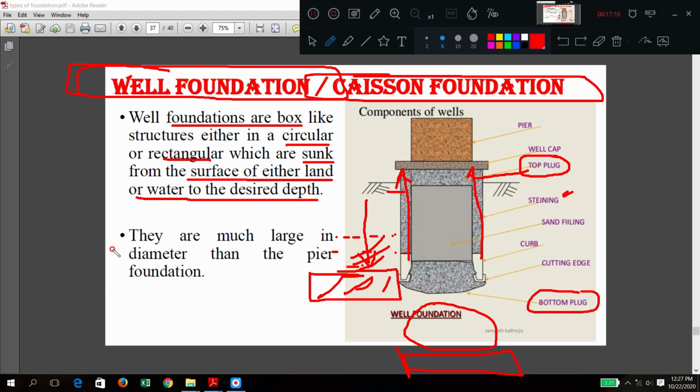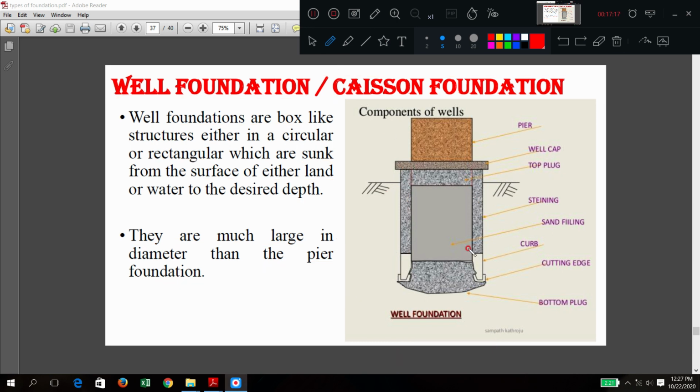Okay. So they are much larger in diameter than the pier foundation. That one is a pier foundation. This is a well foundation. Do remember the points here: what the components are and where it is constructed. Just understand it is a big structure, larger in diameter for heavy load transfer such as bridge piers and everything, and it may be constructed in the ground or in water also, but in water it is taken deeper from the bed level.